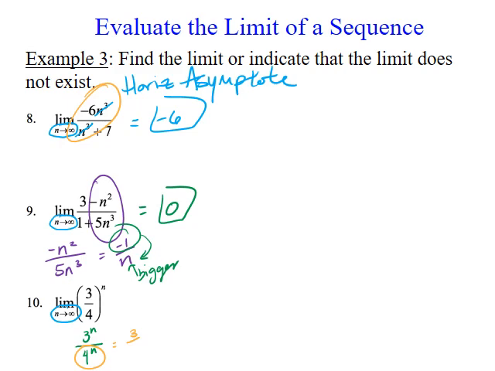If you plug in 1, you have 3/4. If you plug in 2, 9/16, 27/64. And these are just plugging in whole numbers, but you can see what's happening. The denominator is increasing faster than the numerator. So if that's the case, then this limit is 0.